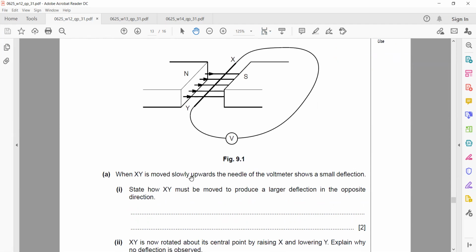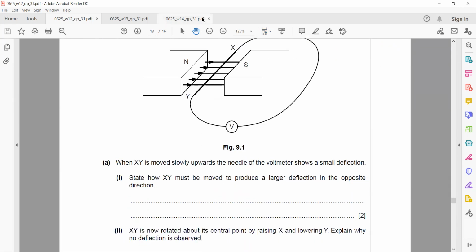When X and Y are moved slowly upward, the needle of the voltmeter shows a small deflection. State how X and Y must be moved to produce a large deflection in the opposite direction. So how can I produce a greater deflection, number one, and then in the opposite direction, number two. So how can I collectively change this movement?